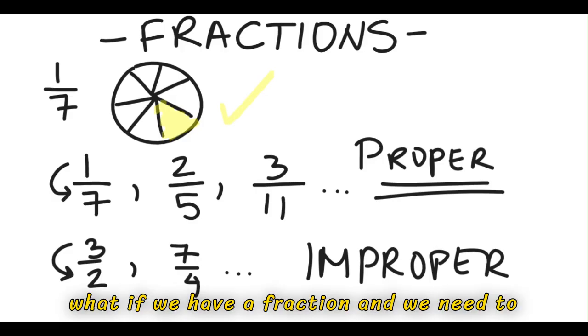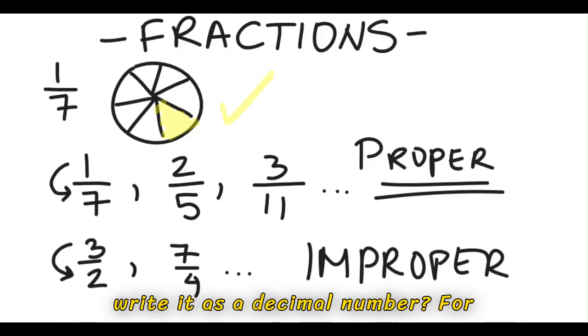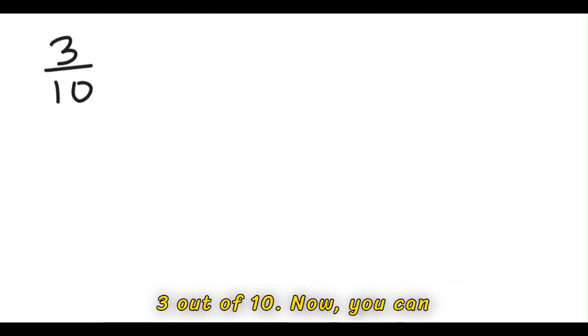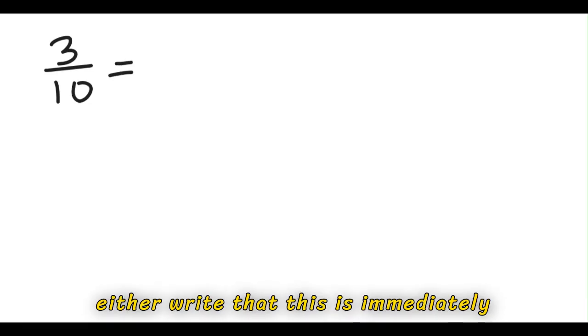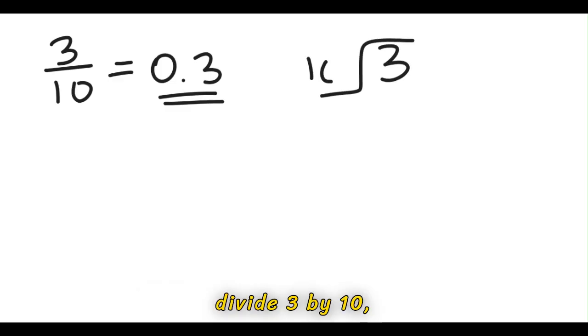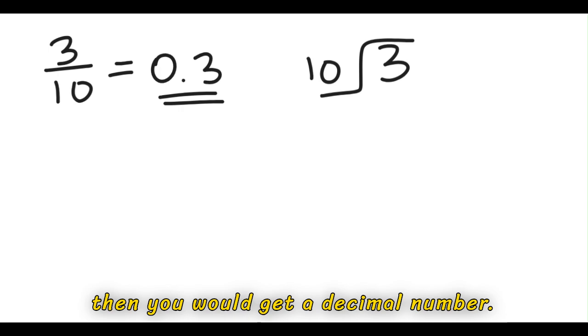Now, what if we have a fraction and we need to write it as a decimal number? For example, if we have a fraction, let's say 3 out of 10. Now, you can either write that this is immediately 0.3, or basically if you just divide 3 by 10, then you would get a decimal number.